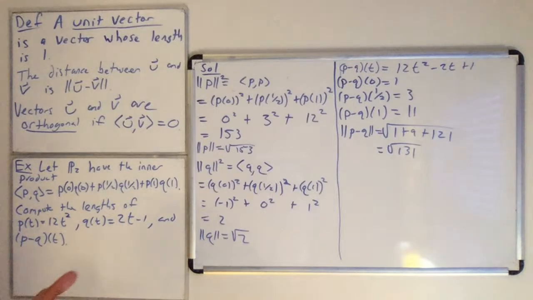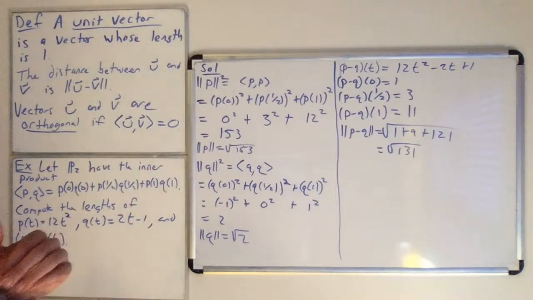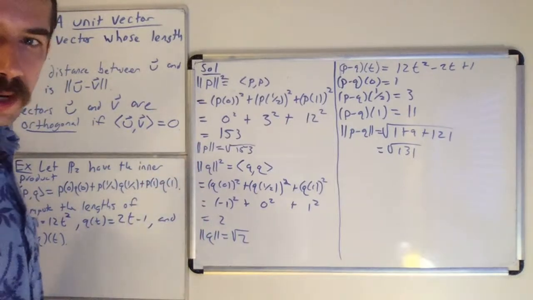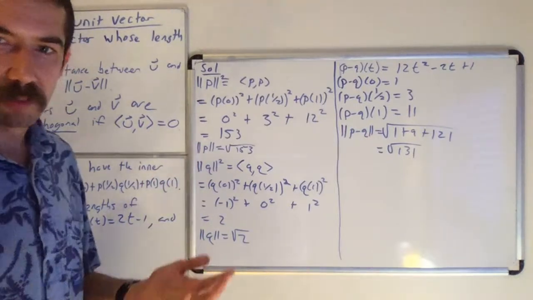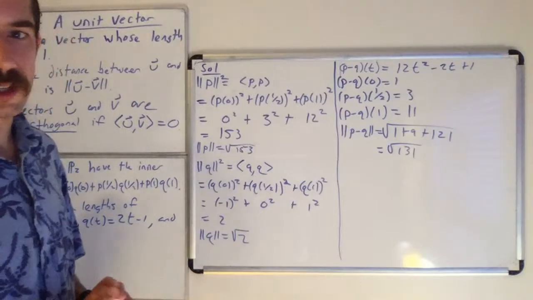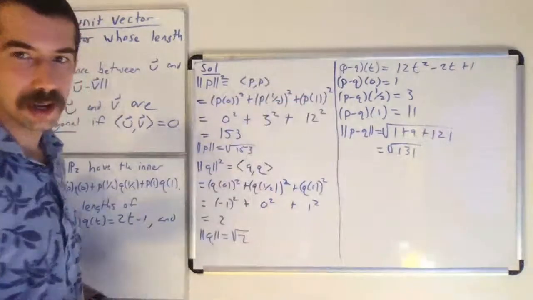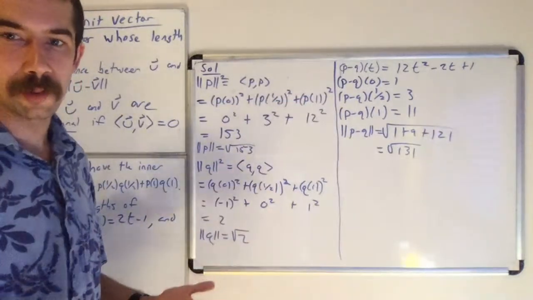Given a different inner product, maybe these polynomials would have a different length. We'll see some applications where, let's say you're in the lab and you want to find the line of best fit or the curve of best fit, and you're given some data points. That would be this information here. And you want to ask which polynomial matches this data the best?